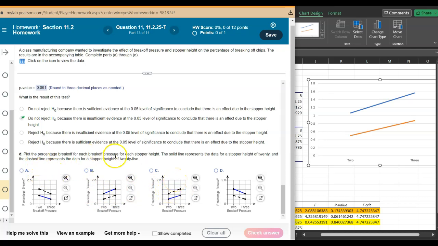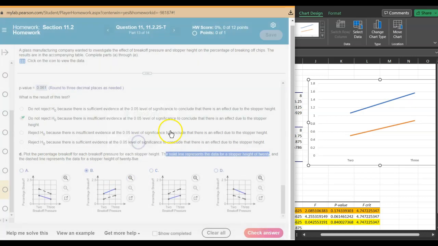Just read the instruction here. The solid line represents the data of the stopper of height of 20. So 20 is above, and that should be in solid. So definitely it would be the B. That solid line. Okay, we got it.